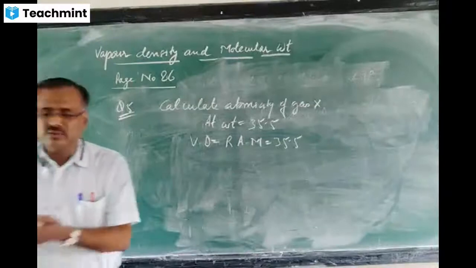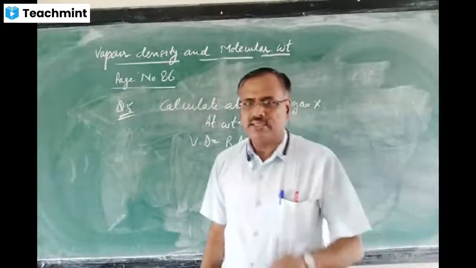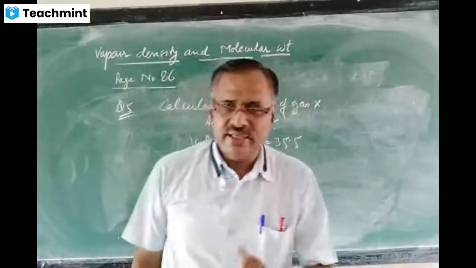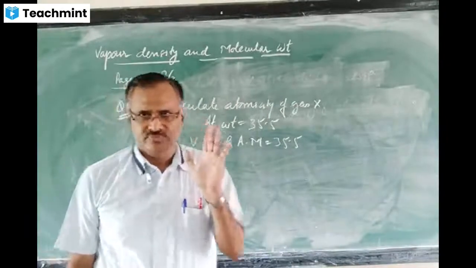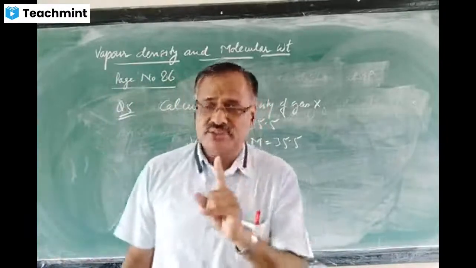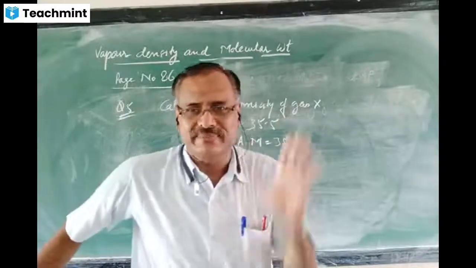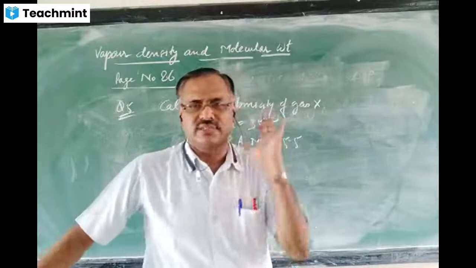So how can we find the atomicity? We studied that the number of atoms present in one molecule of a gas is called atomicity. For example, oxygen O2 is there, nitrogen N2 is there.